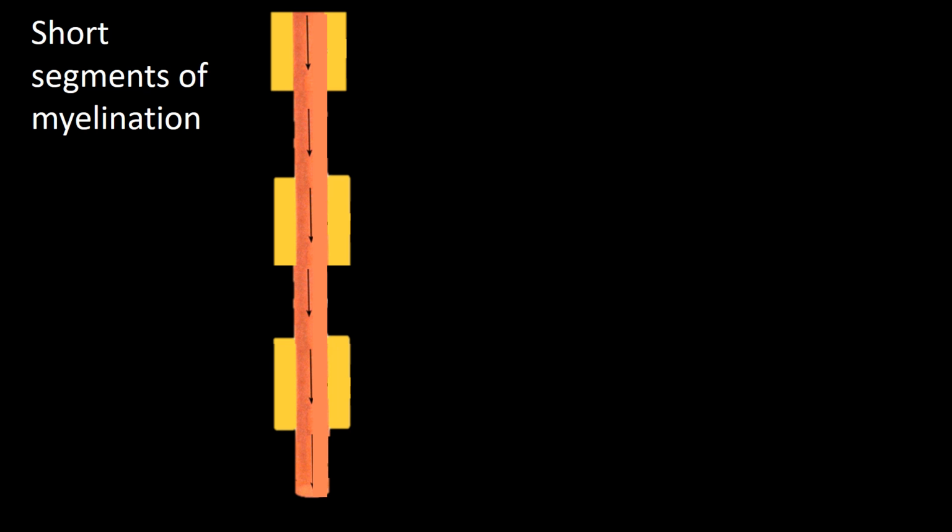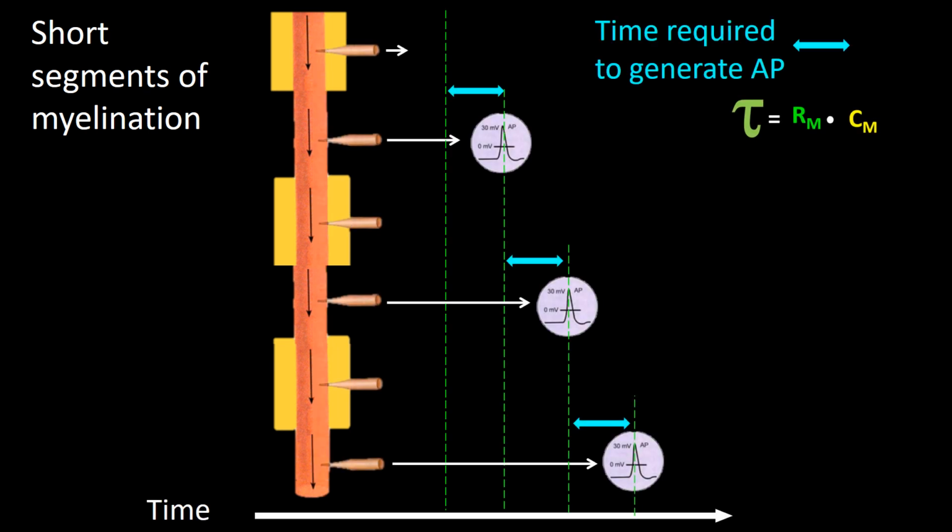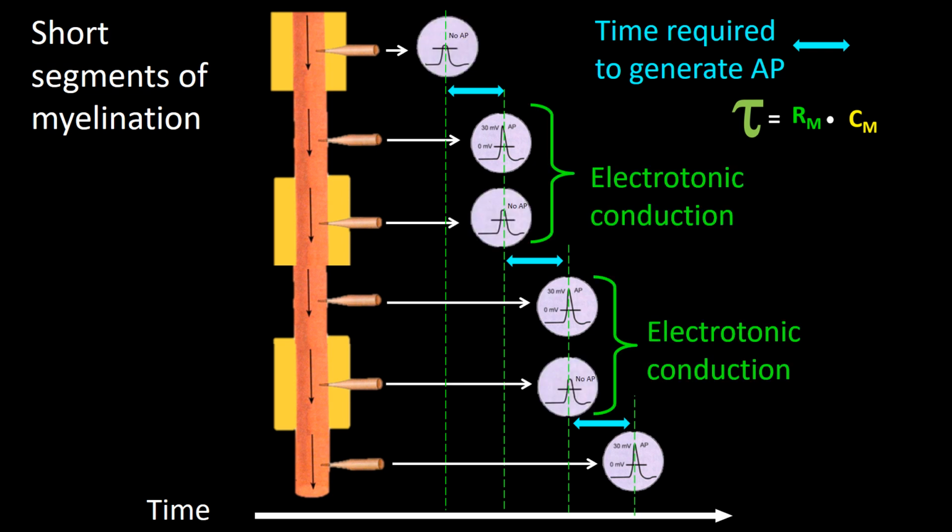In an axon with short segments of myelination, as represented here by the yellow rectangles, action potential occurs at relatively close intervals. Electrotonic current carries the depolarizing current from one action potential to the other.